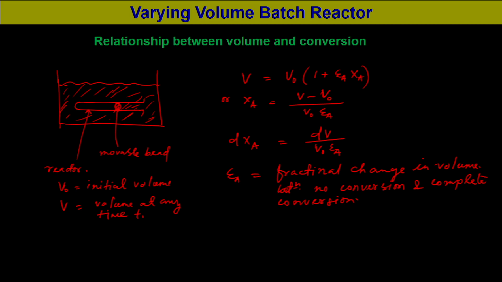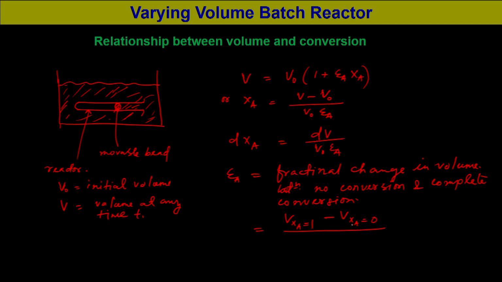So, as per the definition, we can write epsilon A would be equal to V when x A is equal to 1 minus V when x A is equal to 0, divided by V when x A is equal to 0.